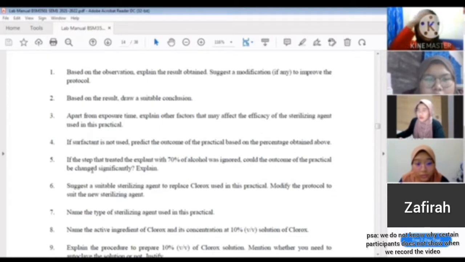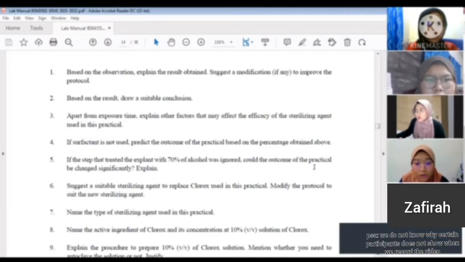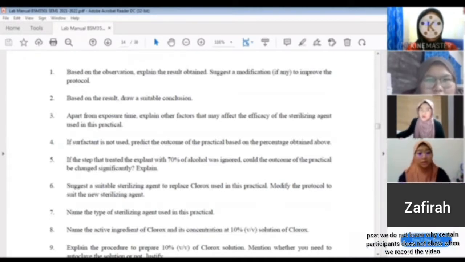Number 5, if the step that treated the explants with 70% alcohol was ignored, could the outcome of the practical be changed significantly? Explain. I think yes, because the function of alcohol is to remove organic material and bubbles, so the sterilizing agent cannot easily penetrate into the explant.